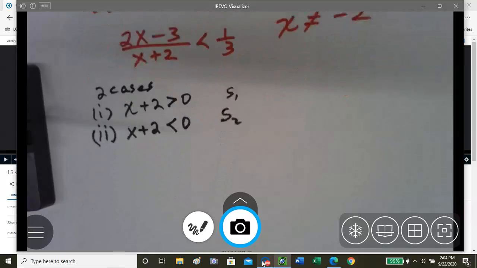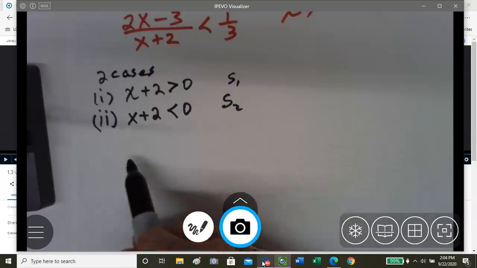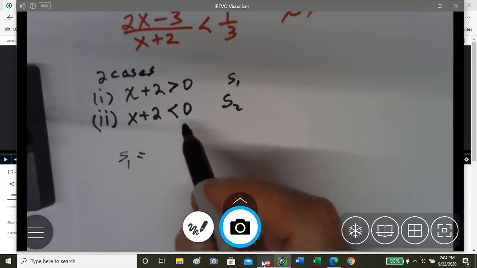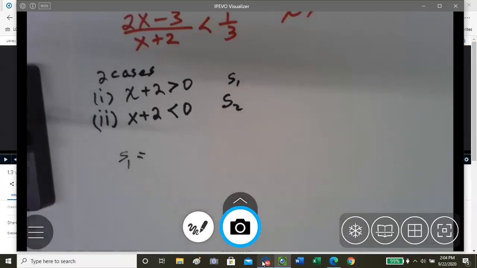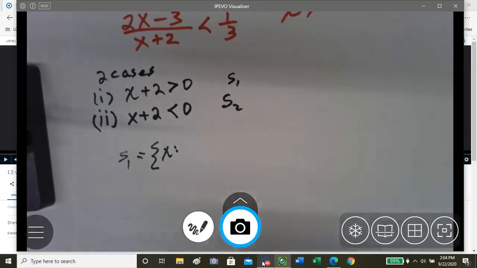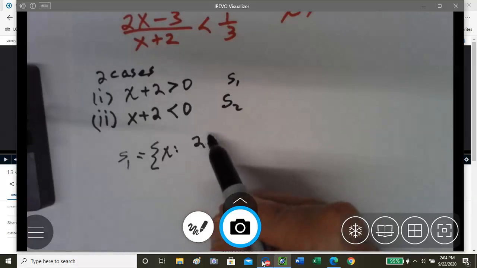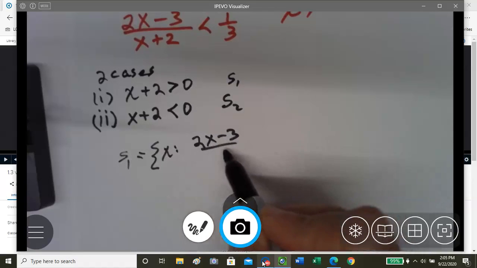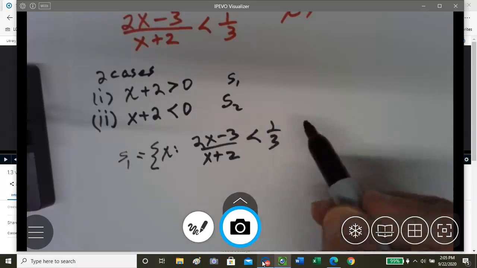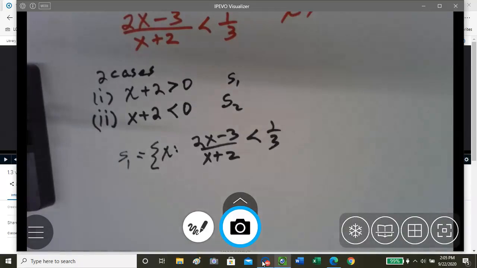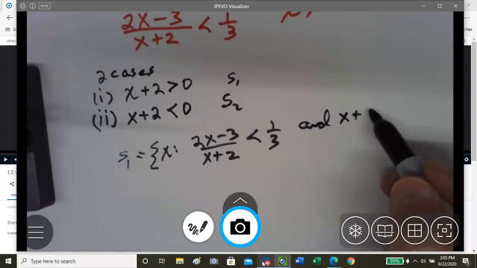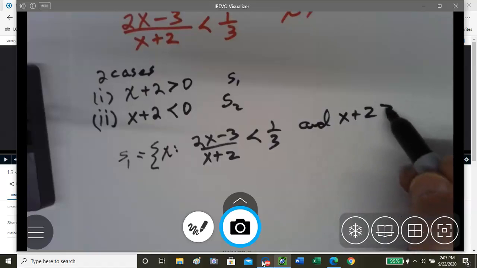Okay, so now we have here S1 is equal to all elements in set x such that (2x - 3)/(x + 2) is less than 1/3, and x + 2 is greater than 0.